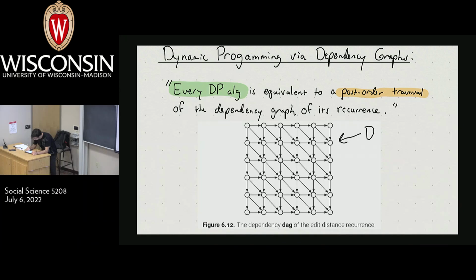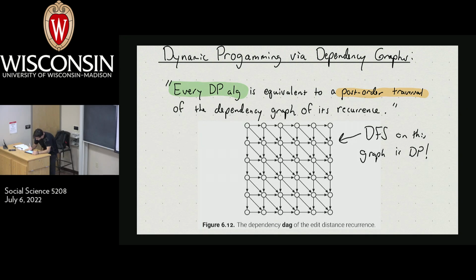That's it. So if you're someone who really loves graph theory or visual type problems, you can always think about DP as you're building this dependency graph and you're evaluating the subproblems in DFS order.